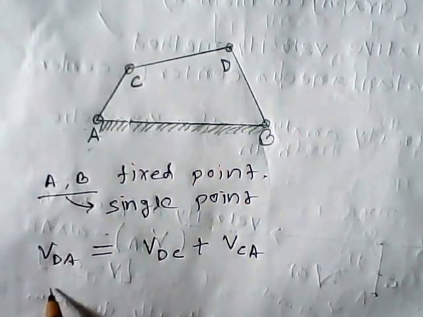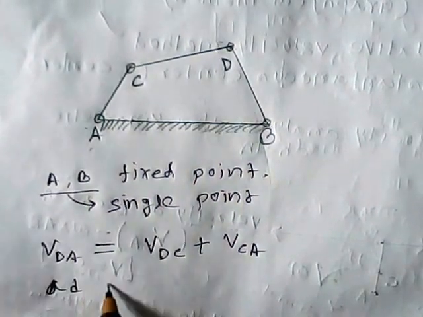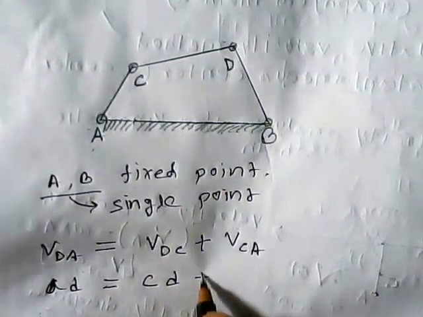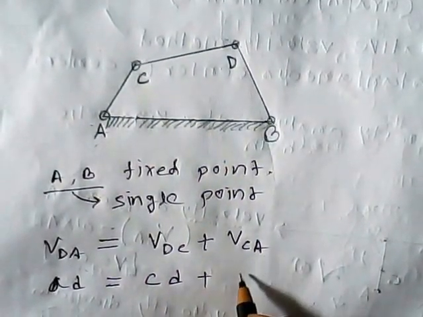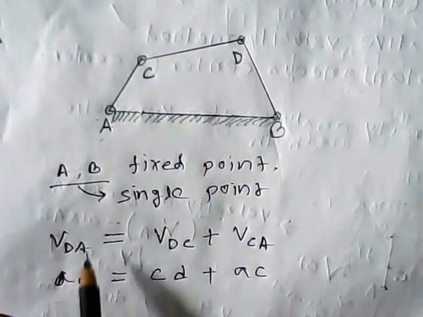Also it can be written as AD equal to CD plus AC. The velocity also can be written in this way.